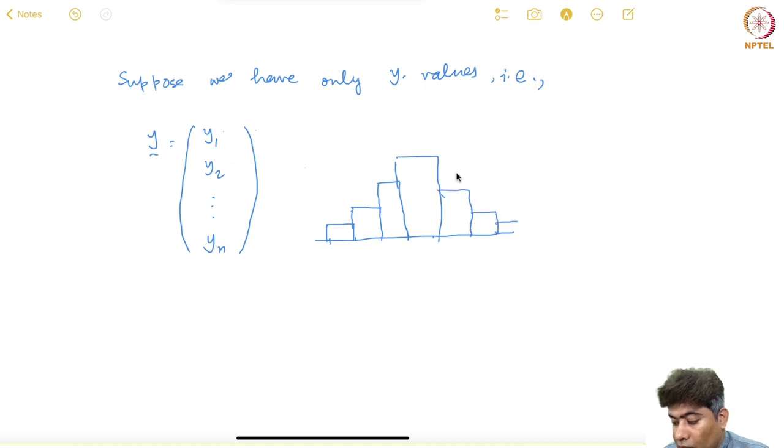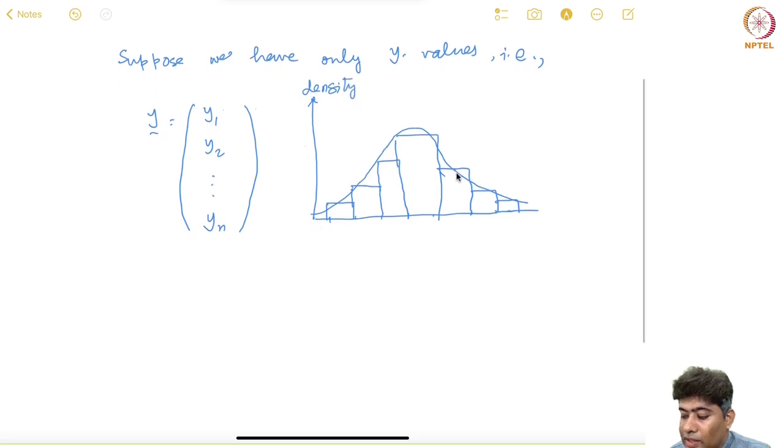This histogram gives us some sense of the distribution of y. But if you look carefully, generally when we draw the histogram, we don't draw frequency on the y-axis, rather we draw density. How do we draw the density?